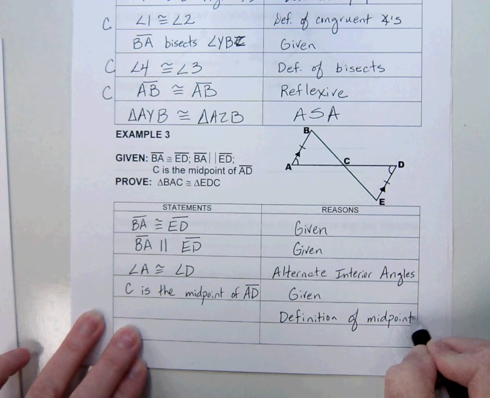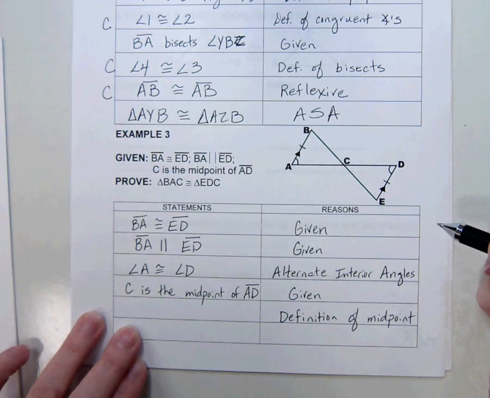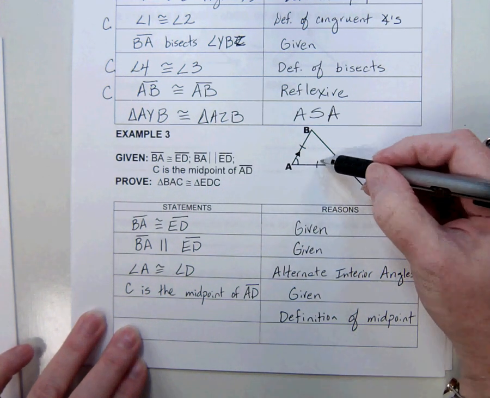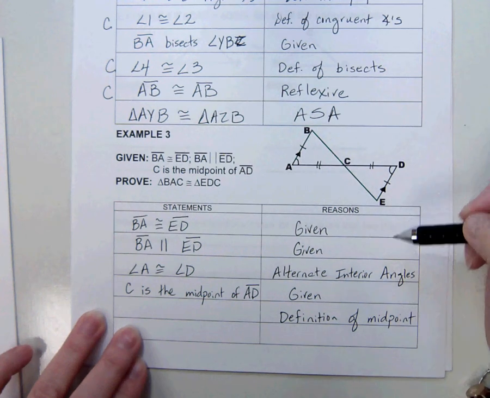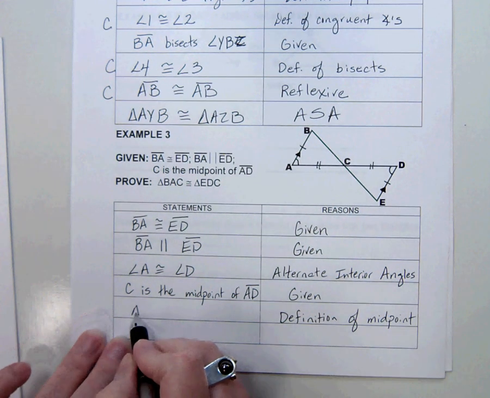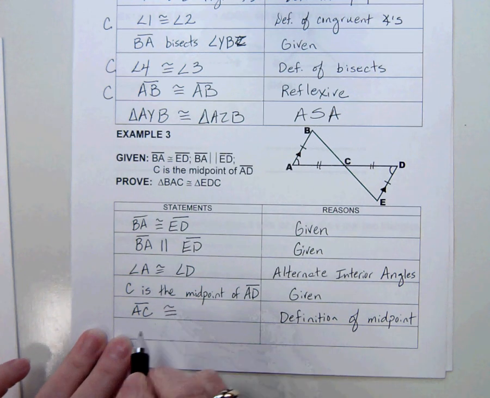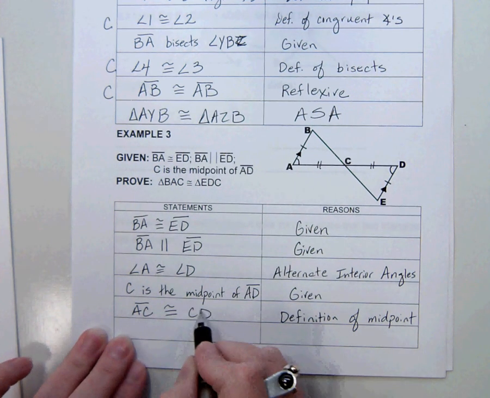The definition of midpoint, if C's in the middle of AD, look where the picture is. C's right in the middle, that means that AC and CD are the same length. So we can write that as the statement, with the reason of definition of midpoint.